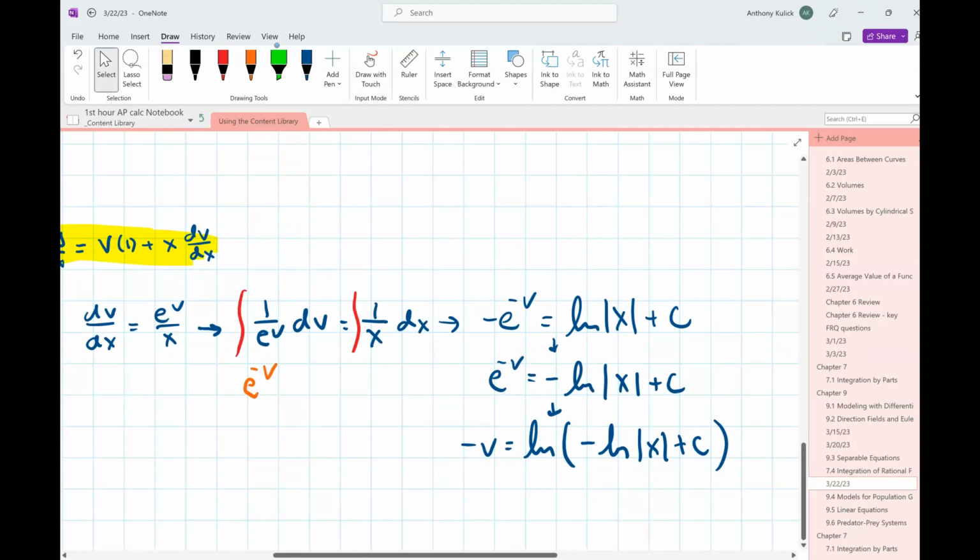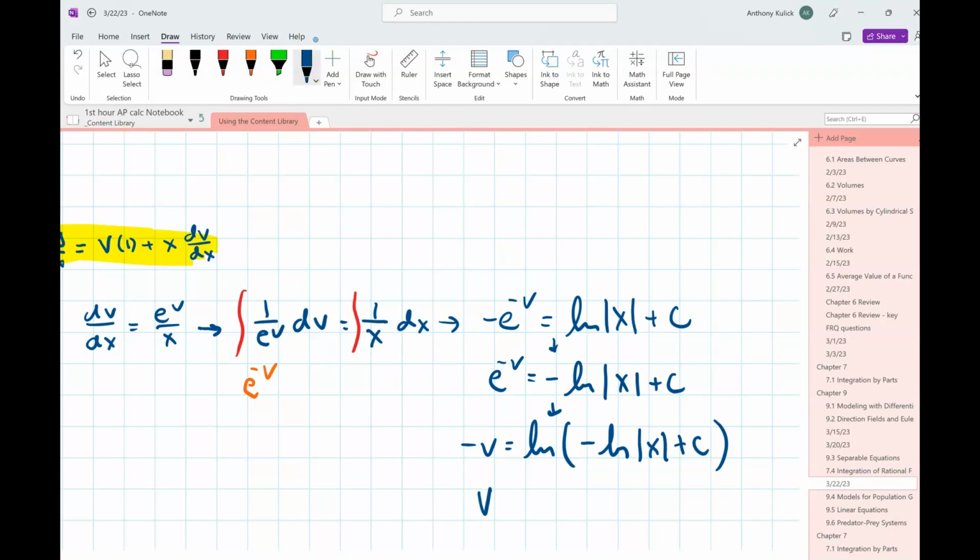Why is it okay to take the natural log of negative natural log absolute value x plus c? How do I know that's not going to be negative? Well, it might, but you've got that plus c there. That'll probably take care of it. Or for this to be a viable solution, it's going to take care of it.